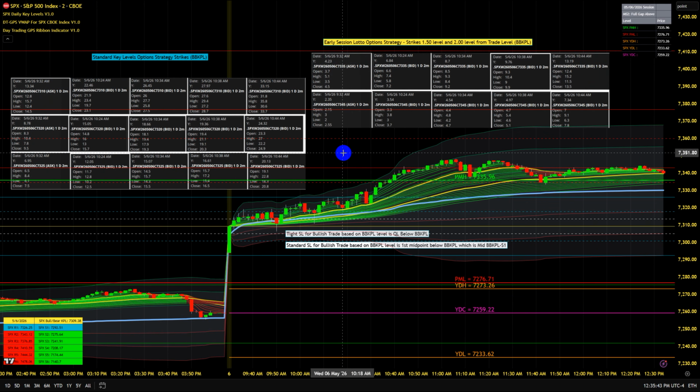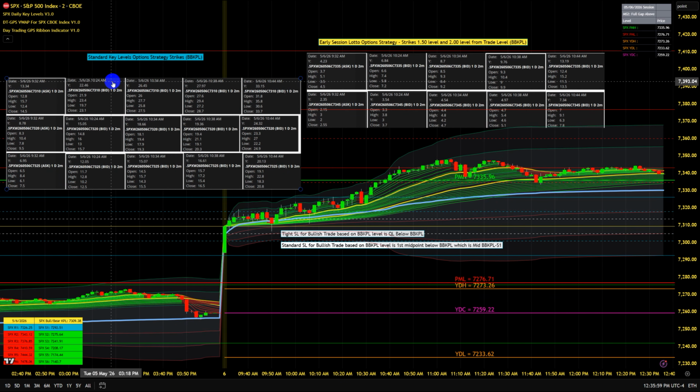So the difference is when utilizing the standard key level option strategy strikes, you need to use either the tight stop loss or the standard stop loss, one or the other, for your stop loss on your initial entry. However, with the early session lotto option strategy, you can still use these tight or standard stop losses, just like you did with these.